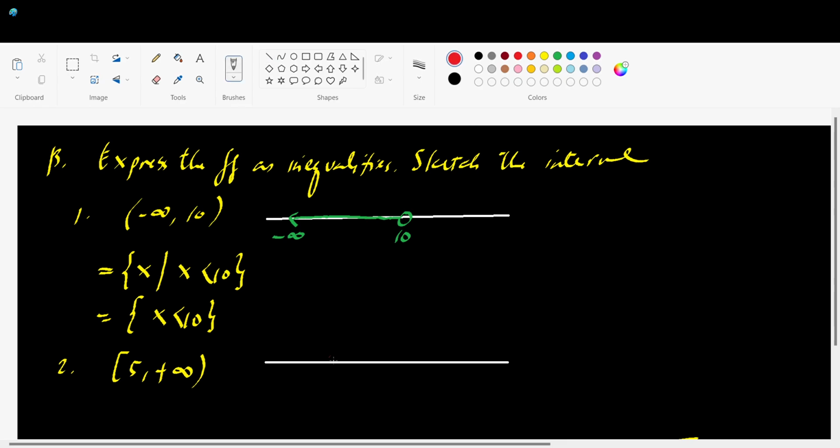We indicate the 5, and since it is closed at 5, we include the endpoint up to positive infinity. So that is equivalent to the inequality x such that x is greater than or equal to 5.